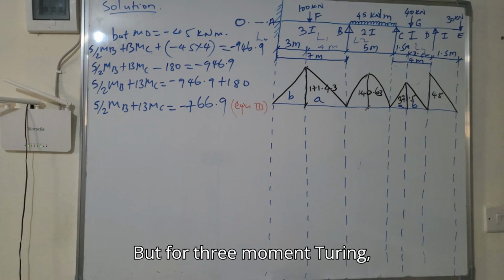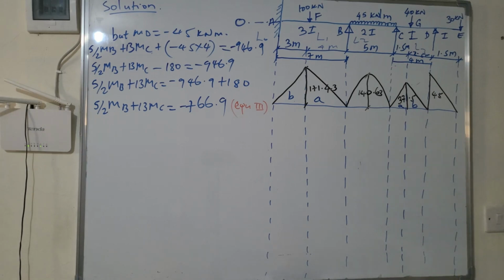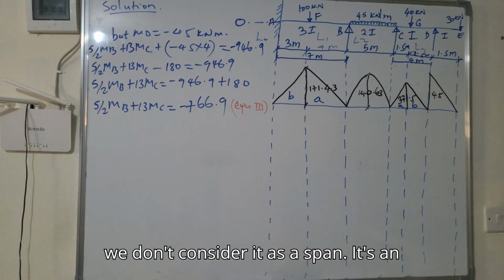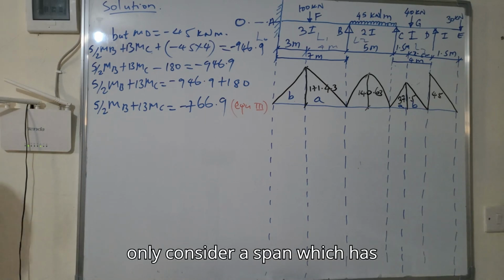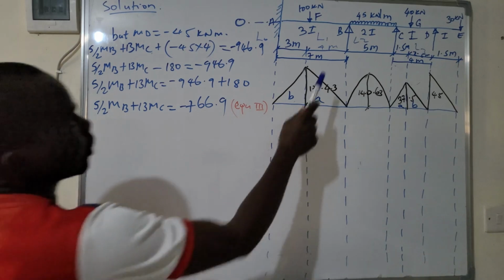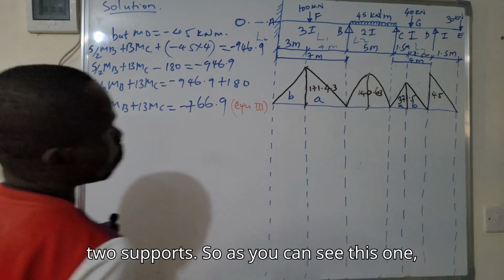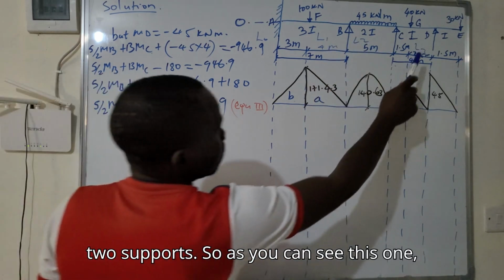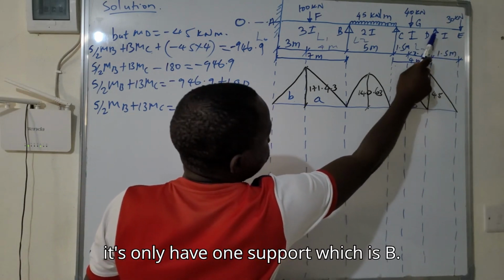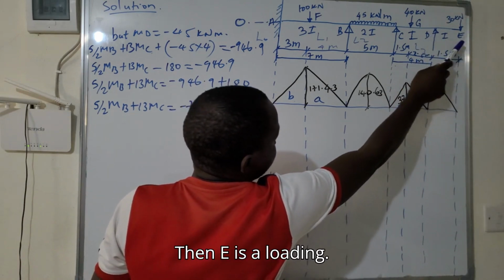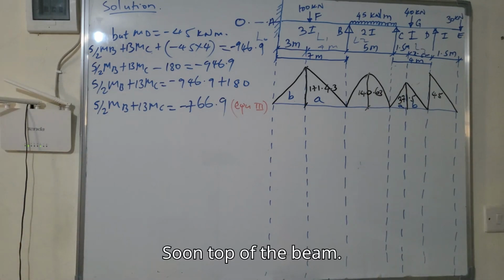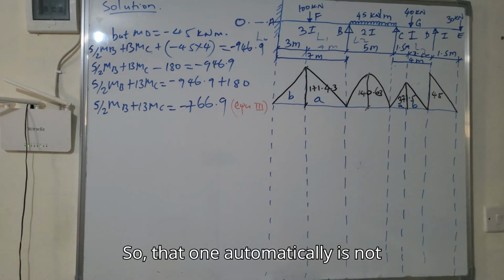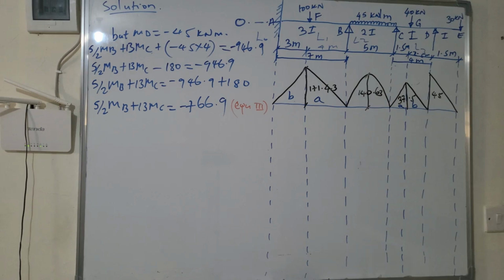But for the three-moment theorem, we don't consider it as a span. It's an overhang. For the three-moment theorem, we only consider a span which has 2 supports. As you can see, this one only has 1 support, which is D. Then E is a loading on top of the beam. So that one automatically is not a span.